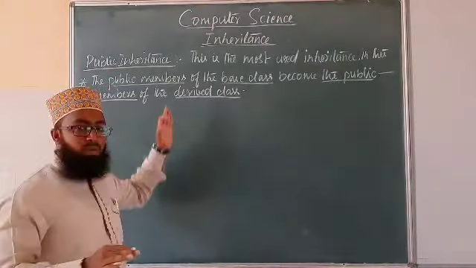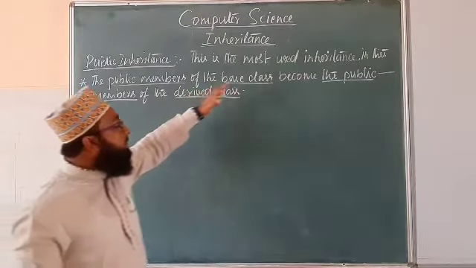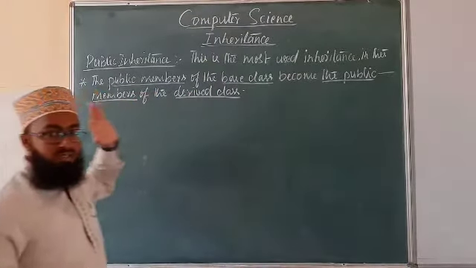The first point under public inheritance is that the public members of the base class become the public members of the derived class. Which is the base class? The class from which the derived class is inherited is called the base class. No changes: public members of the base class will become the public members of the derived class.